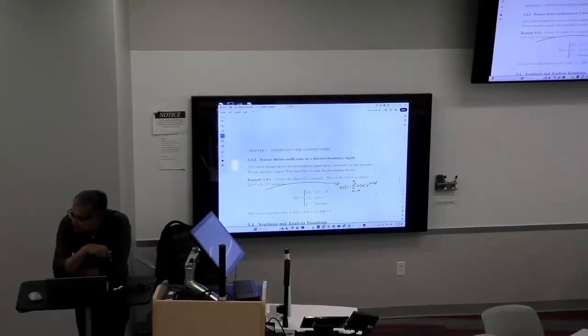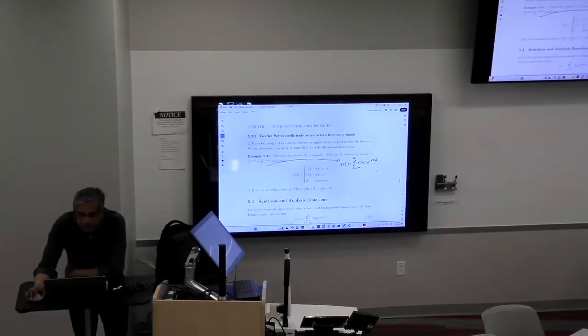The first term corresponds to k equal to 1. The second term corresponds to k equal to -1. A nice way to write that is to write x of k as 1/2 times delta of k minus 1 plus 1/2 delta of k plus 1. That make sense? So we will write the Fourier series coefficients in terms of delta functions in k. So it's like a discrete frequency signal.